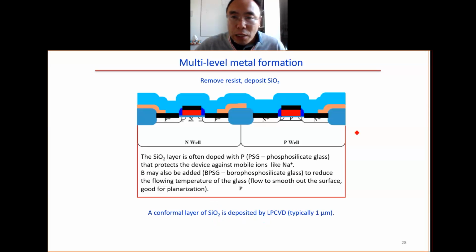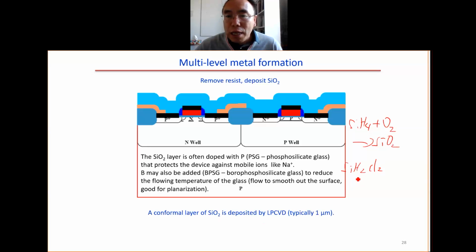One is using the silane gas plus oxygen. Another choice is dichlorosilane plus N2O. We form a layer of silicon dioxide.